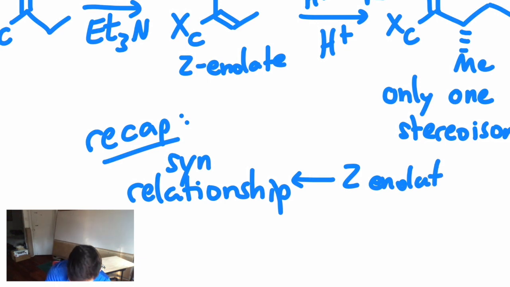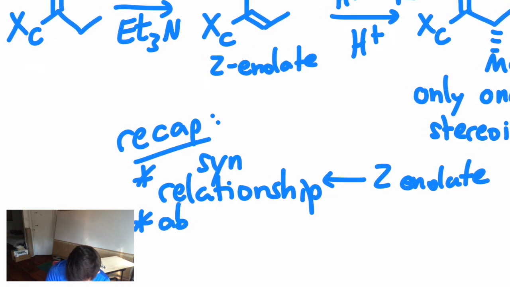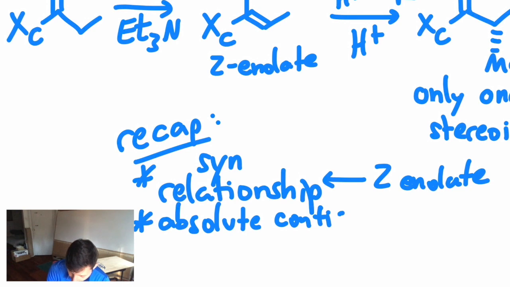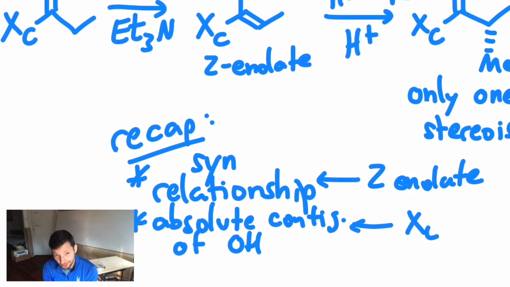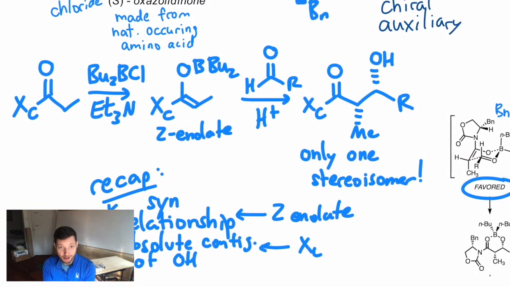The absolute configuration, really of the OH stereocenter, that's what we did there, controlled by chiral auxiliary, XC. And then if you want the other stereoisomer, use the other enantiomer of that auxiliary.